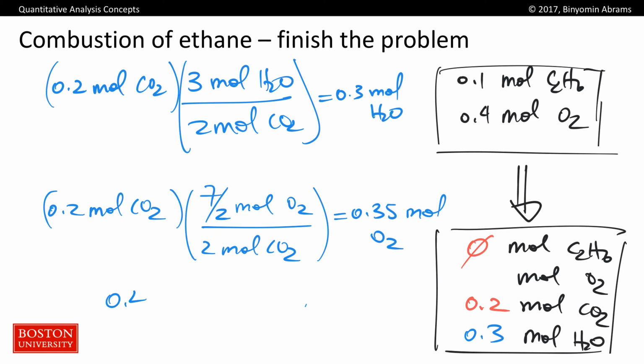And since we started with 0.4 moles and we've consumed 0.35, we have 0.05 moles of oxygen remaining, and we add that to our container. And just like that, we can now answer any question that we want about the contents of this container, and therefore anything about this problem.